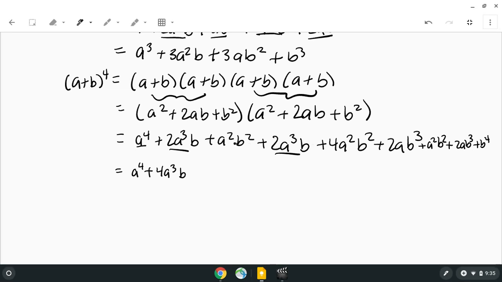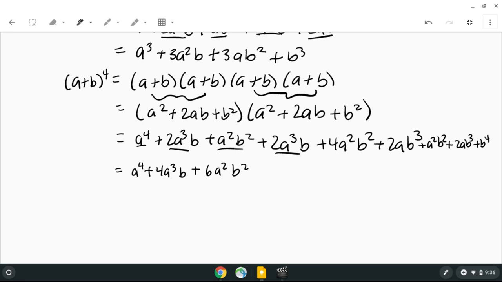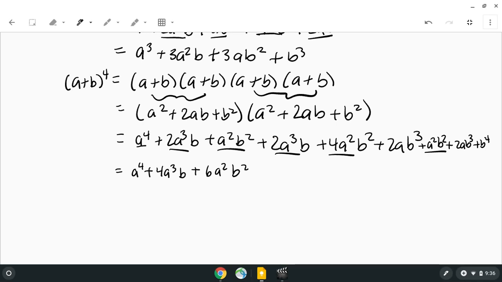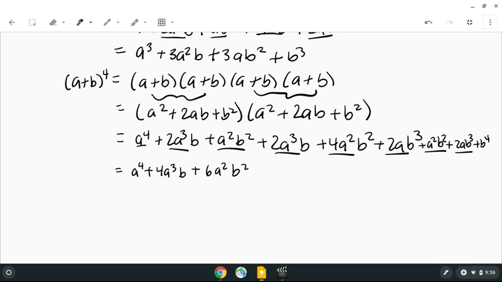A squared b squared: 1 plus 4, that's 5, plus 1, that's 6. 2ab cubed and 2ab cubed, so that makes 4ab cubed.